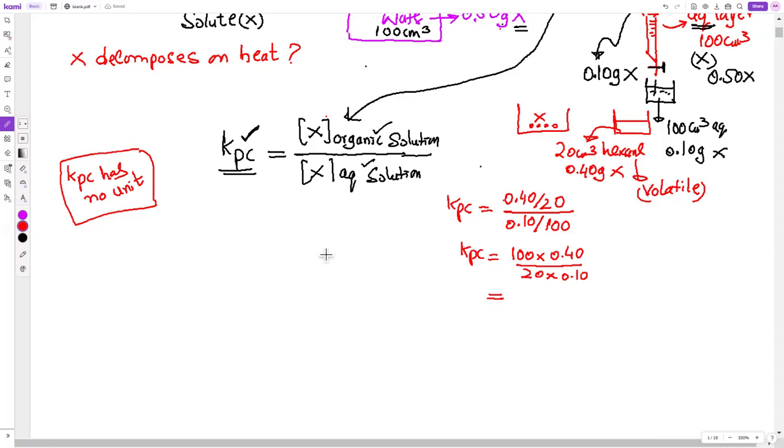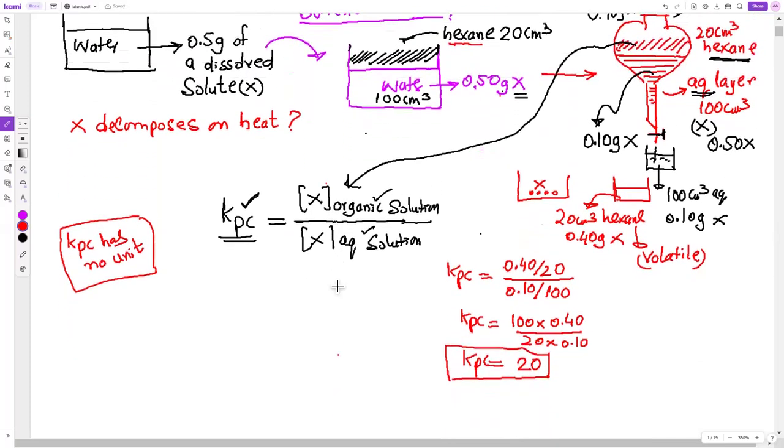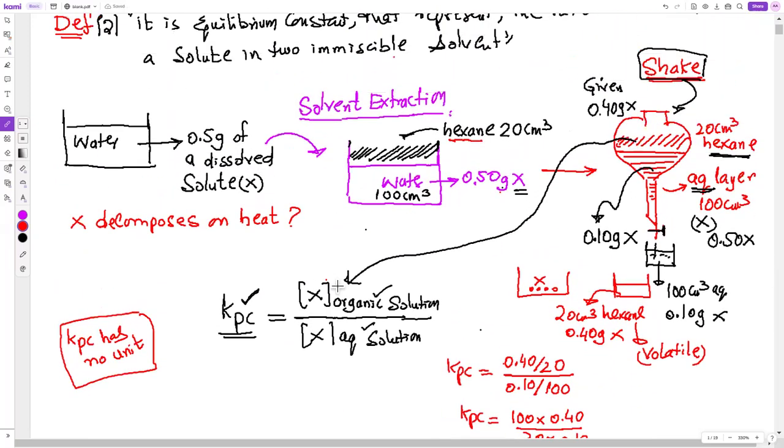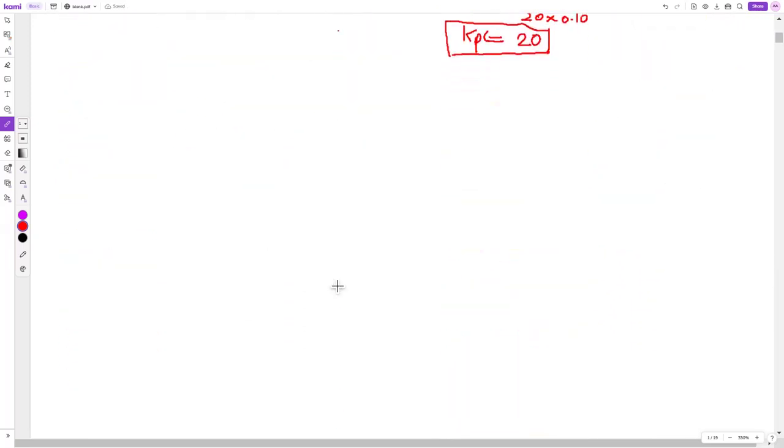I think 20 is the value. Yes, it's 20. And KPC has no unit, okay? KPC has no unit. Got it? Yes, sir.